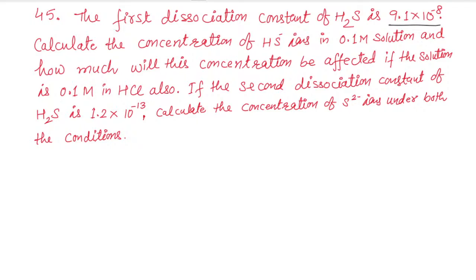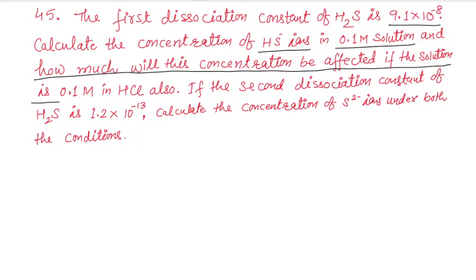Calculate the concentration of HS negative ions in 0.1 molar solution, and how much will this concentration be affected if the solution is 0.1 molar in HCl also. So first, let us focus on the first part.